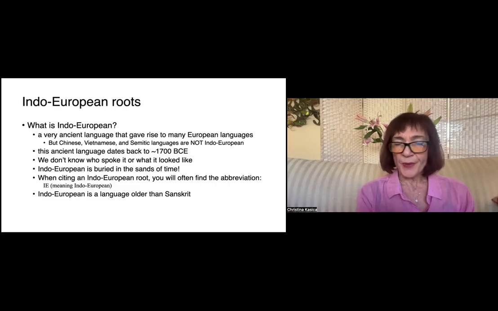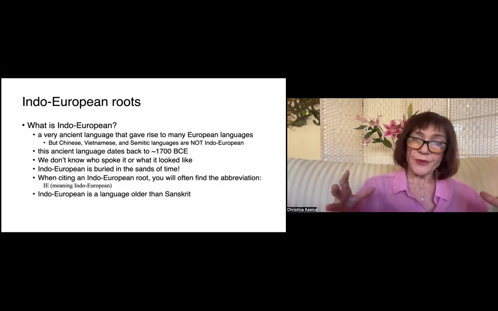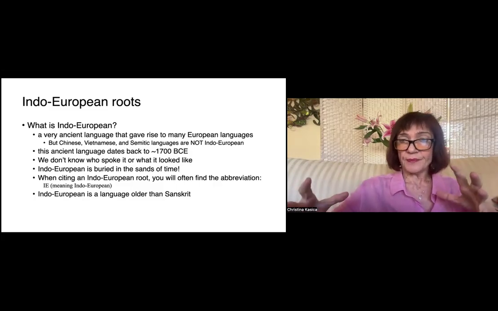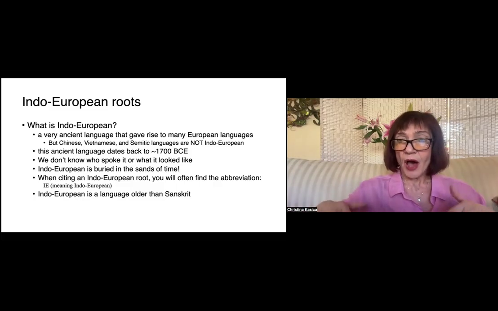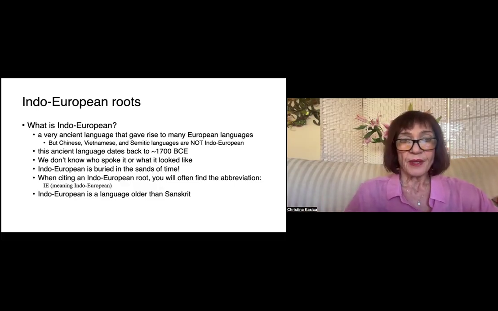Some of you may know, but it's a very ancient language that gave rise to many European languages, all European languages. Chinese, Vietnamese, and Semitic languages, however, are not Indo-European. So they don't share that same system of common roots that informs all other European languages.